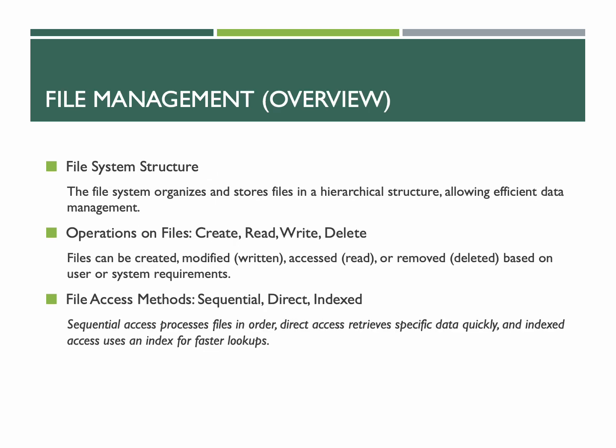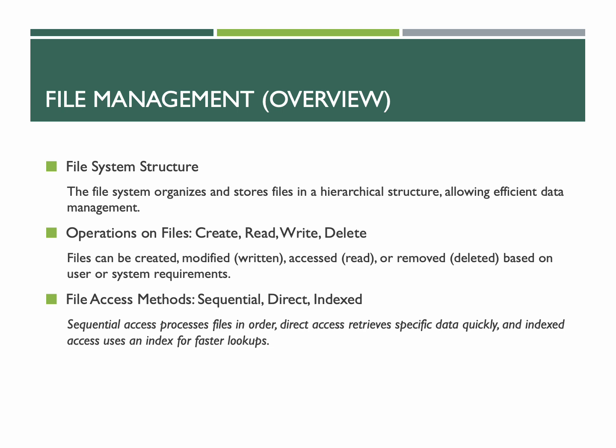Okay, so now we'll look at file management. We'll just go with the overview because we'll learn more detail in the coming lectures throughout the course. So for the first lecture, we'll just go through the overview. File management is a critical function of an operating system.